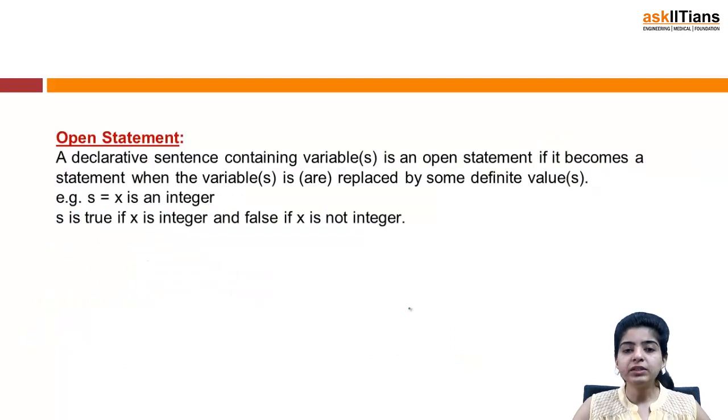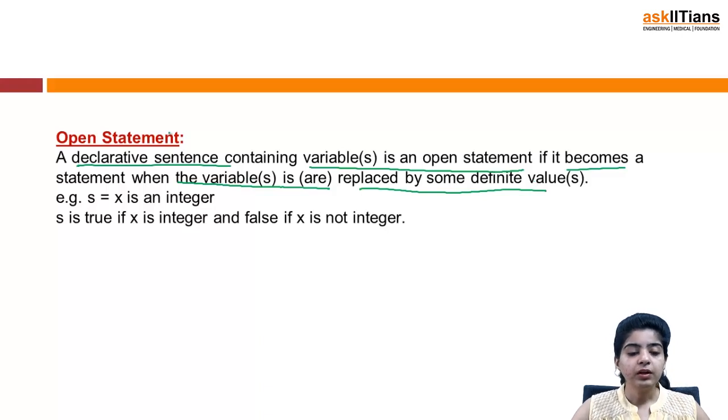Now we have open statement. A declarative sentence containing variables is an open statement if it becomes a statement when the variable or variables are replaced by some definite values. So if you have a sentence containing variables, you will term that to be an open statement if it becomes a statement when the variables are given some definite values.